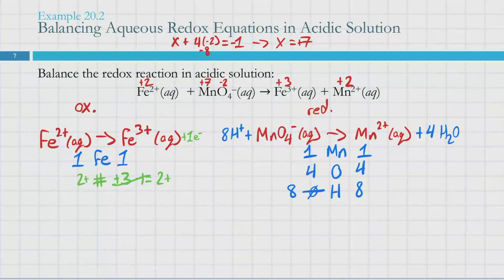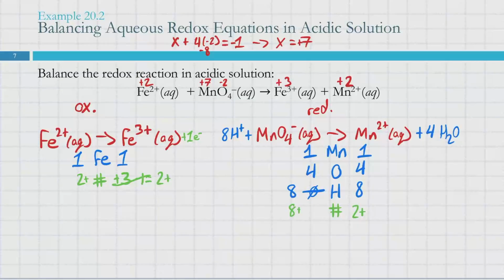Now we get to do it for our reduction half reaction. Let's go through and add up our charges. We'll do the right side first because that's the easier one. We've got 2 plus from our manganese ion. The left side, we've got a 1 minus from our permanganate, and we've got 8 1 pluses from our hydrogen.